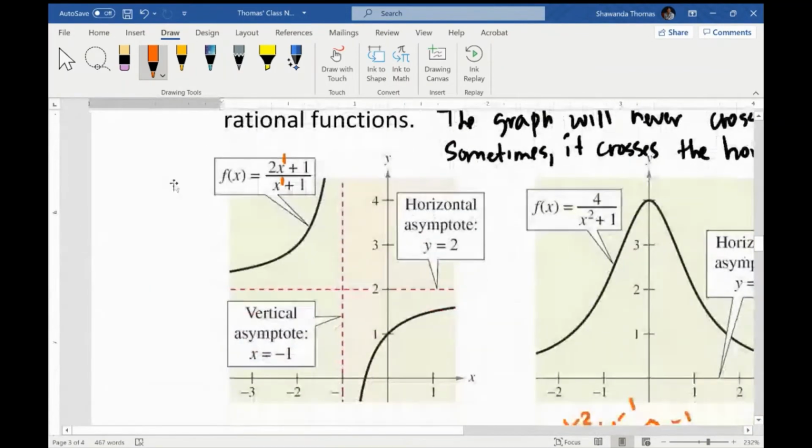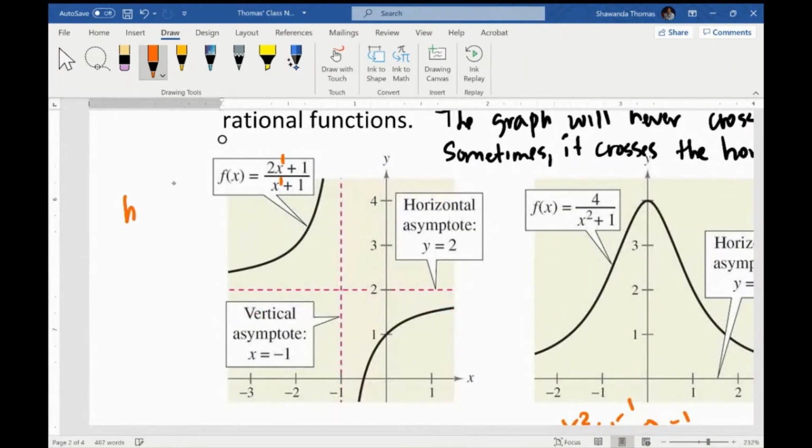So let's look at it. Our horizontal asymptote, let's call it h.a., is y equals, what's the leading coefficient of the numerator? 2. Yep. Divided by, what's the leading coefficient of the denominator? 1, which is why our horizontal asymptote is y equals 2.